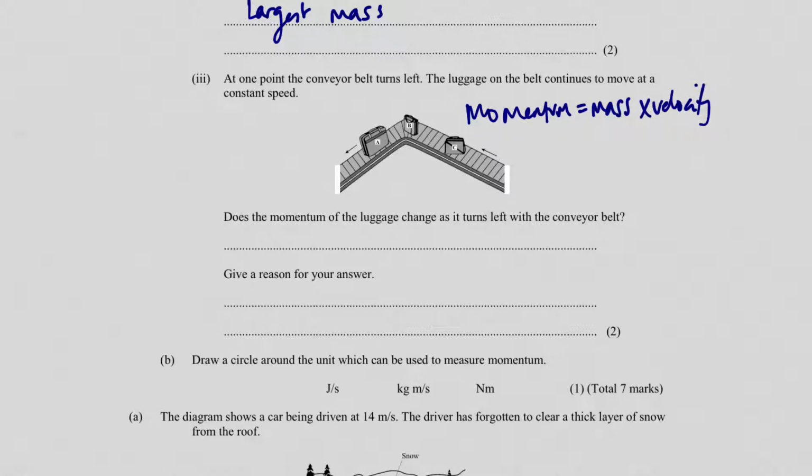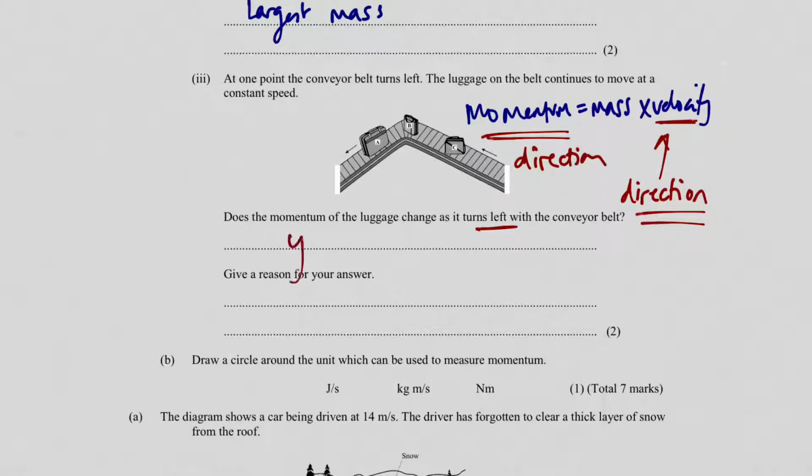Now, as a reminder, velocity is the posh word for speed because it also takes into account not just how fast you're going, but the direction as well. Therefore, momentum also has a direction factored in. So it's turning left, therefore it's changing direction. Yes. And the posh word to use is momentum is a vector. Direction matters.